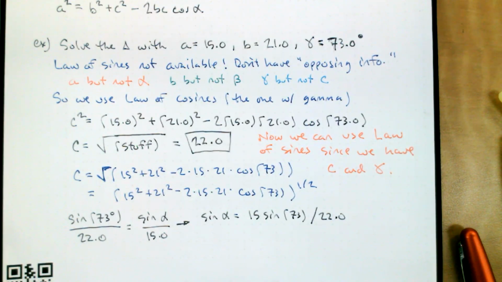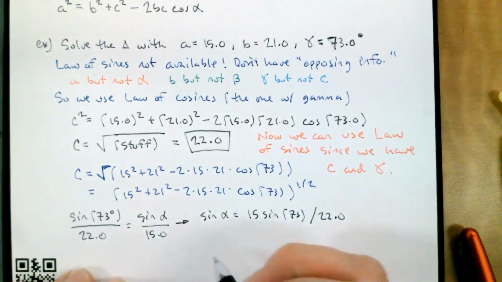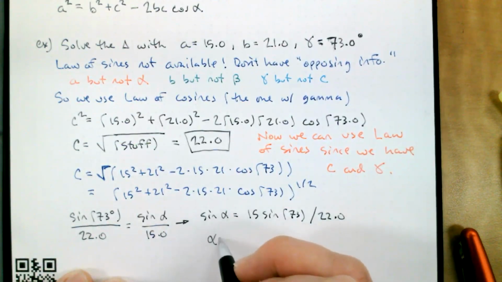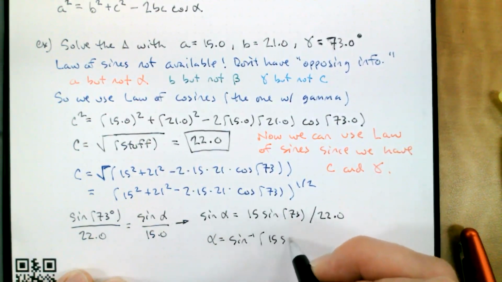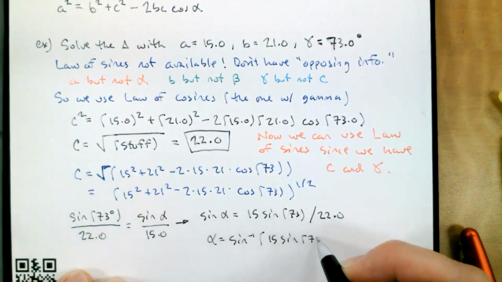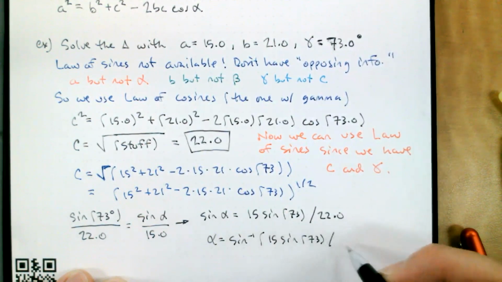Just thinking in terms of proportions, multiply both sides by 15. But then we also have to find the angle, so we're going to do a sine inverse. So I could say alpha is sine inverse of 15 sine 73 divided by 22.